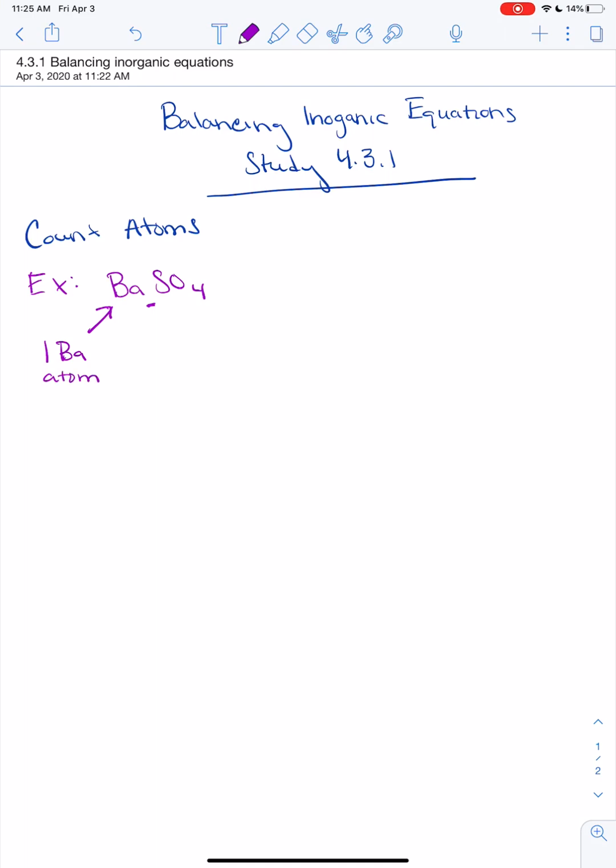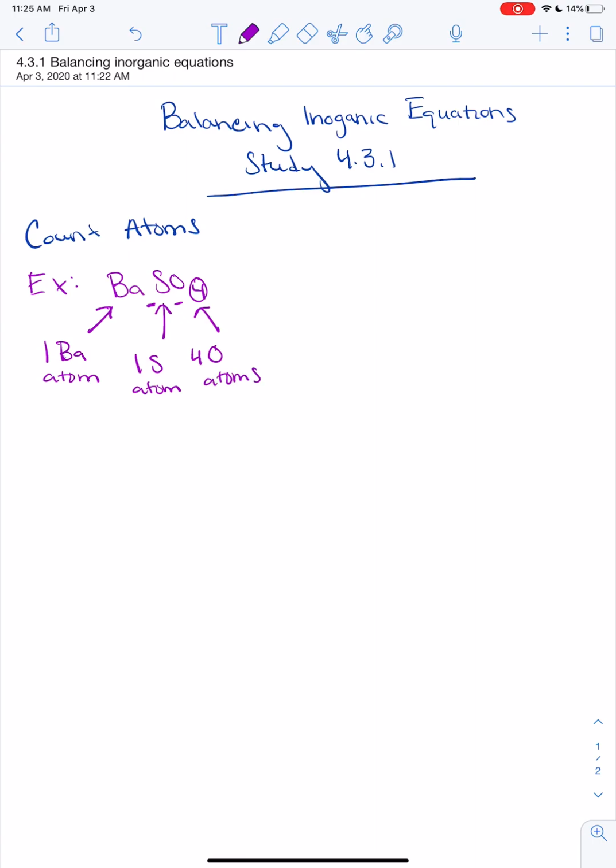Same idea with sulfur: no subscript, so we assume it's 1. So there's 1 sulfur atom. And our last one is oxygen, and that number to the bottom right is our subscript. So we have 4 oxygen atoms.